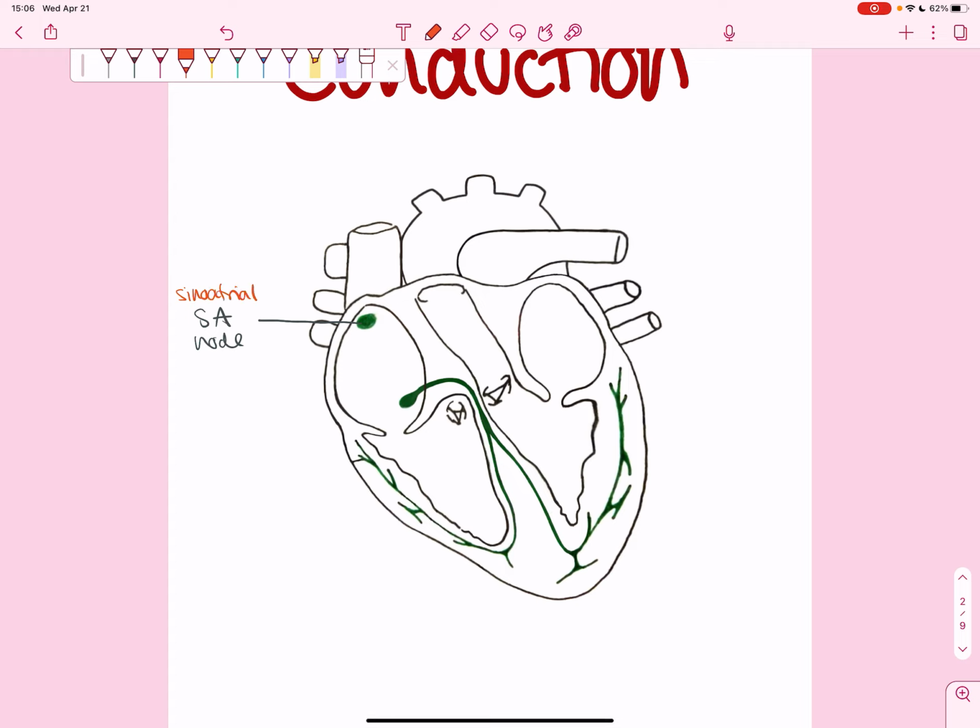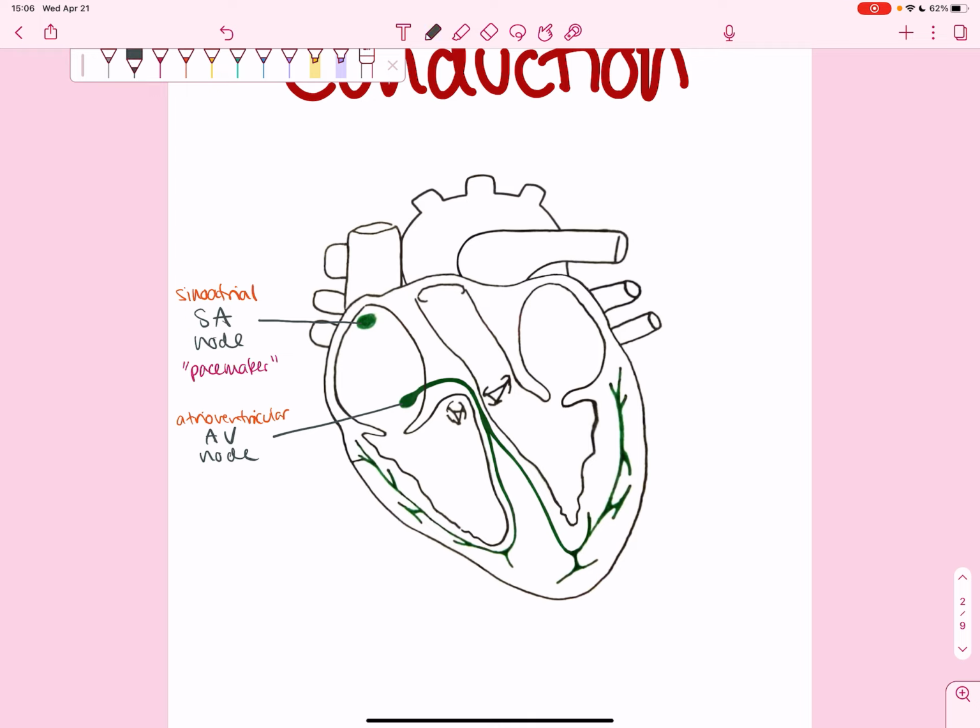Sinoatrial node, which is also the pacemaker of the heart, and we'll come back to that in a second. Then we have the AV node right here. AV just means atrioventricular. Just like the AV valves, there's an AV node.